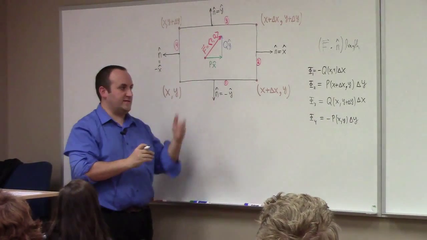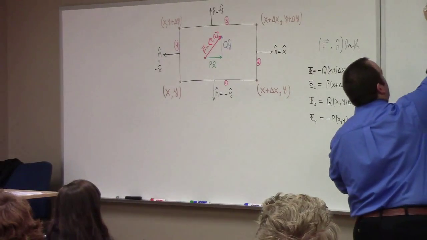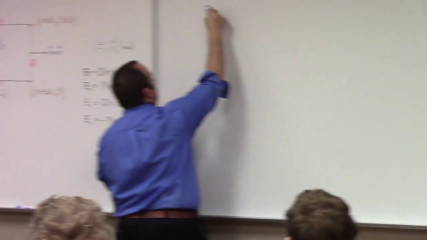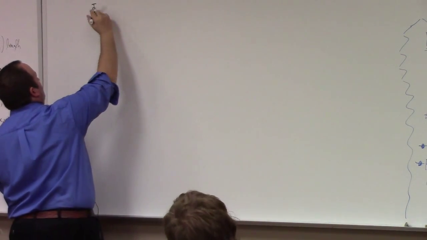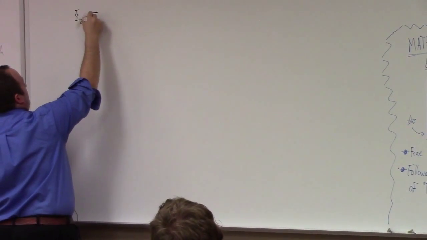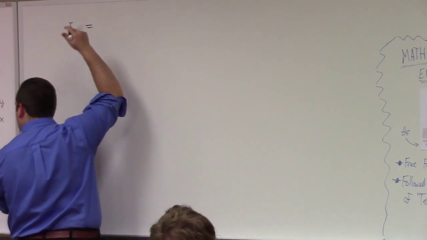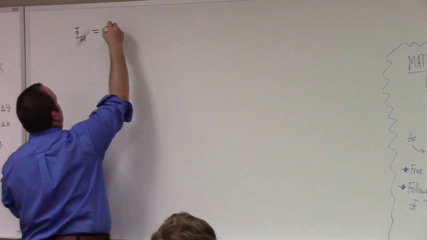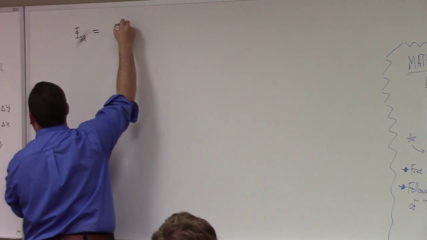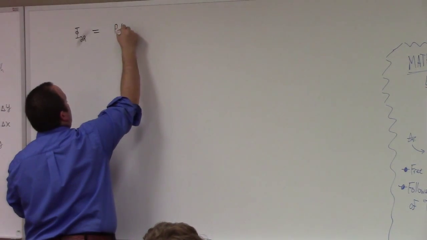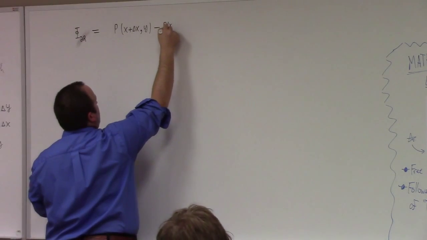So the total flux is a sum of these four pieces, right? So the net flux around the rectangle, or I would say the boundary of the rectangle, really, I'm going to write somewhat suspiciously as P of x plus delta x, comma y, minus P of x, y.